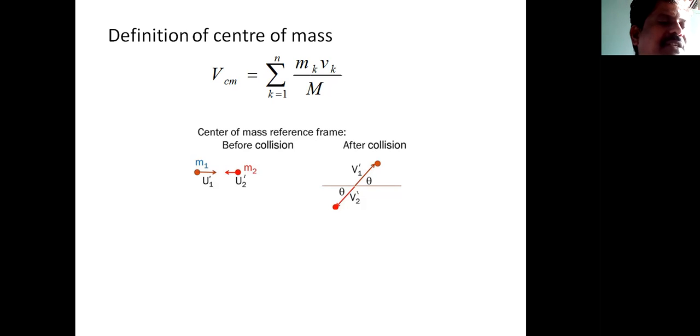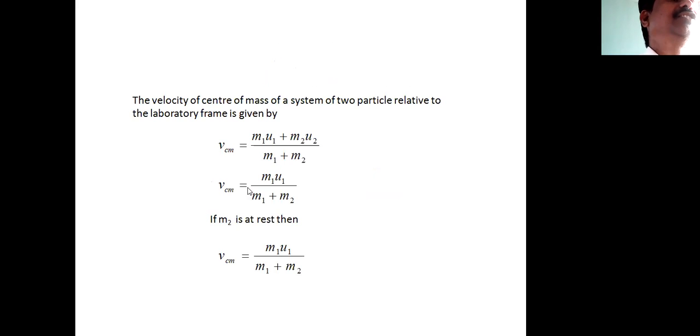The velocity of center of mass of this system of two particles is related to the laboratory frame. So now let us write the velocity of the center of mass of this system related to the laboratory frame, some fixed reference point. That is VCM equals (m1 u1 plus m2 u2) divided by (m1 plus m2).